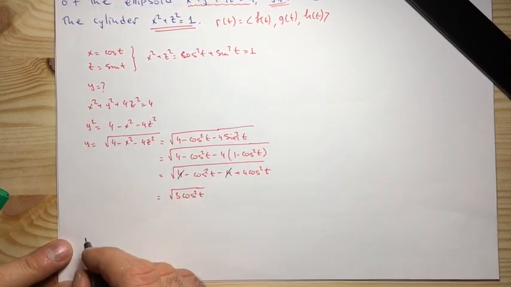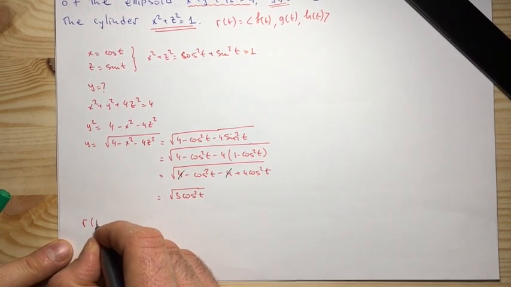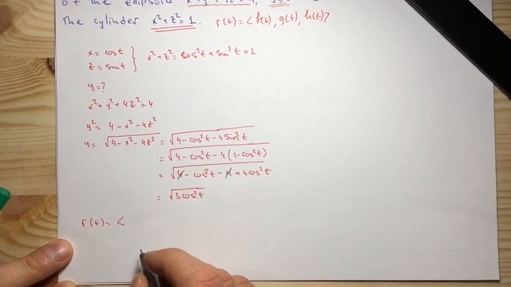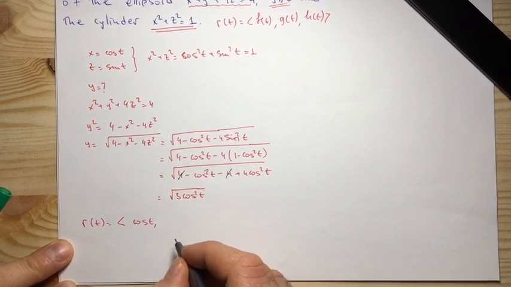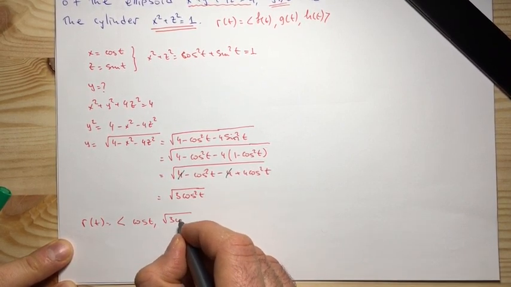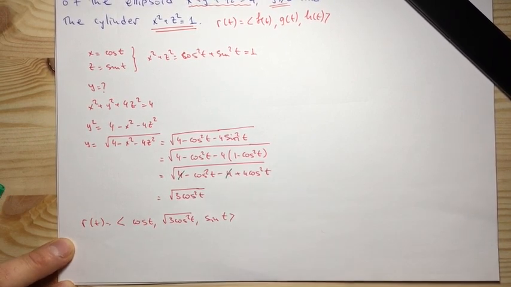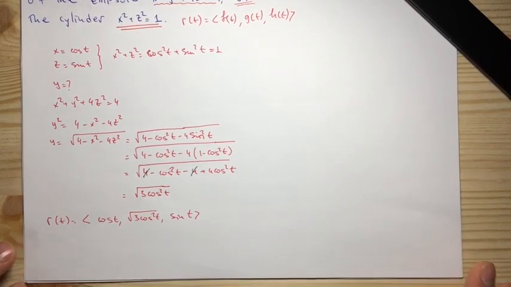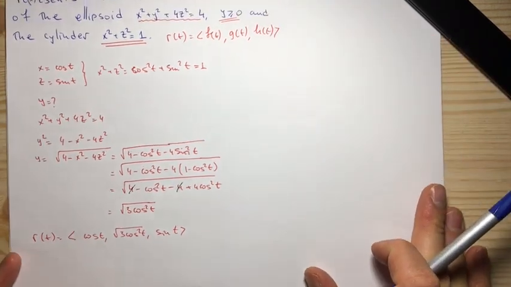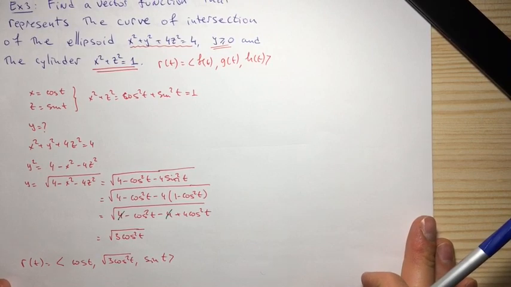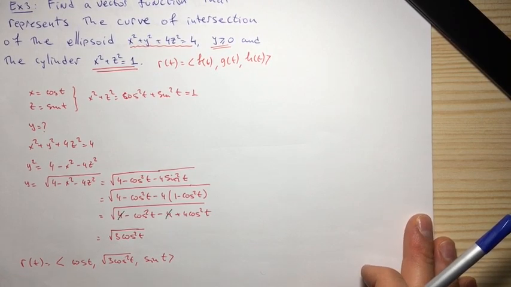So finally we can write down that r of t is equal to cosine t, square root of 3 cosine squared t, sine of t. And this vector function represents the curve of intersection of the ellipsoid given by this equation and the cylinder x squared plus z squared is equal to 1.